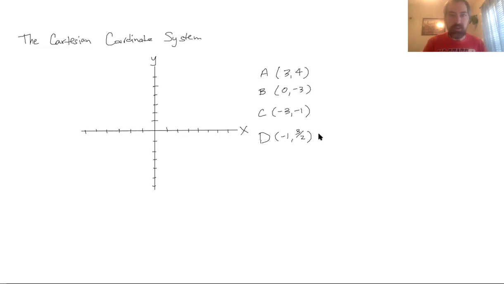Point A, you'll plot (3, 4). Point B should be (0, -3). Point C should be (-3, -1). And point D should be (-1, 3/2). A fraction there. Let's see how we can do with that. All right, pause the video and see if you can plot these 4 points.